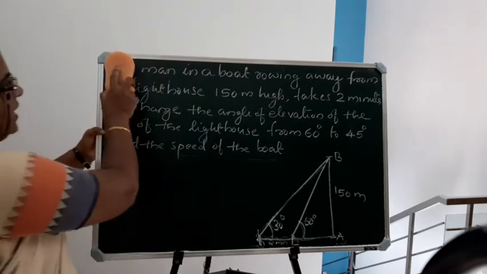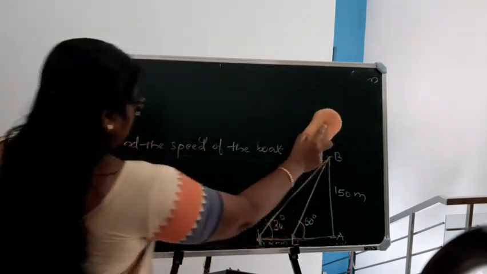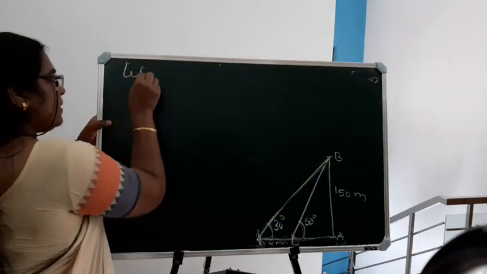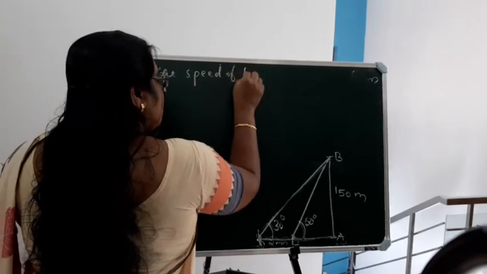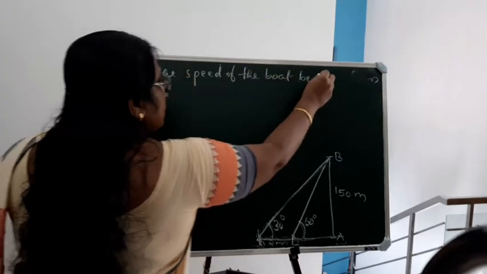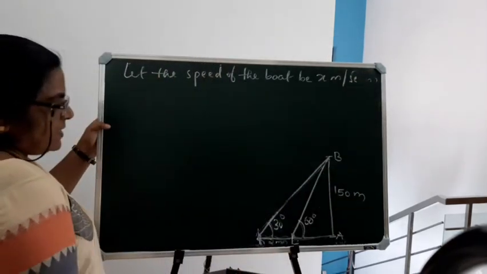So let the speed of the boat be x meters per second.